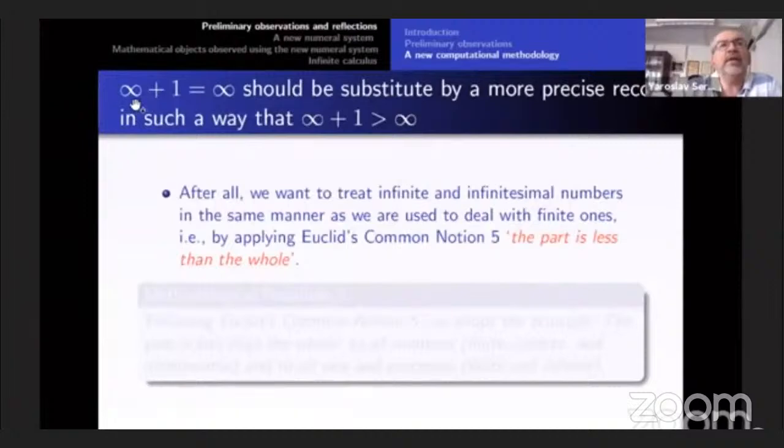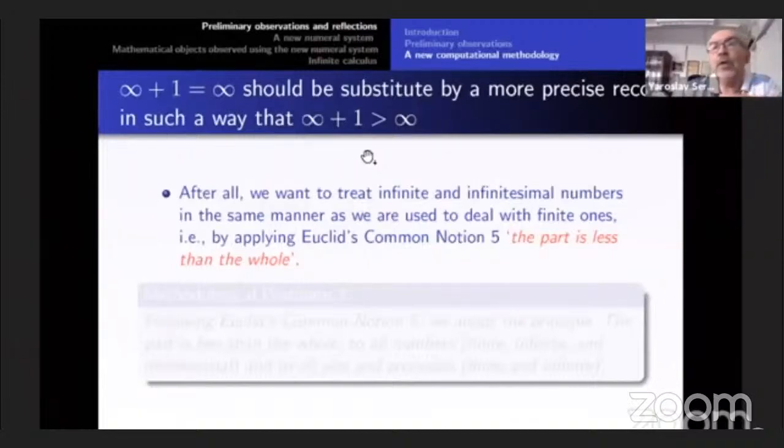So we have already seen that these records, many plus one equal to many, are the result of a poor numeral system. So we should, in some way, be able to register that if we add one to an infinite quantity, we should have more than the previous infinite quantity. Obviously, we cannot use these symbols. We should introduce some other numerals to work with them.